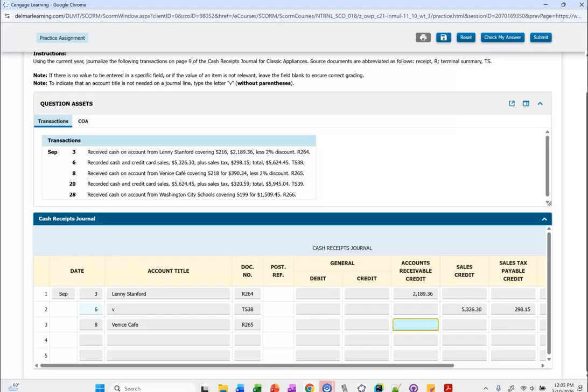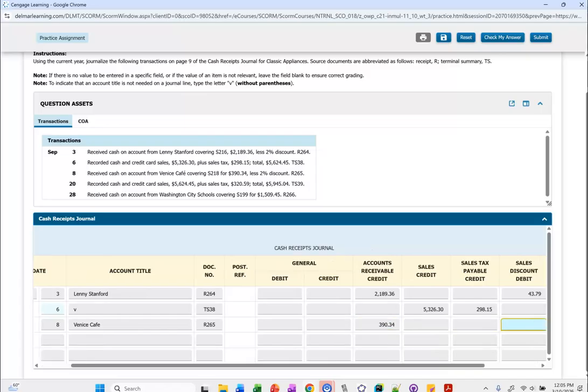They paid $390.34 of debt, but they got a discount on that of 2%. So 2% of that was $77.81, again, rounding at the penny.